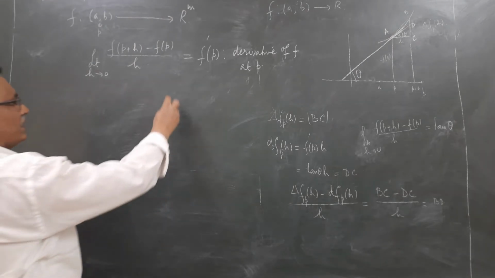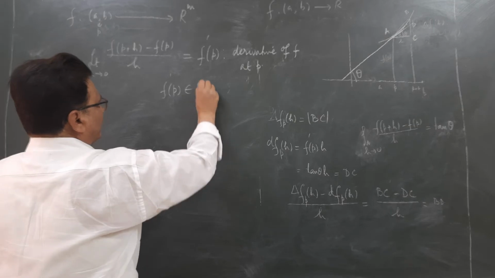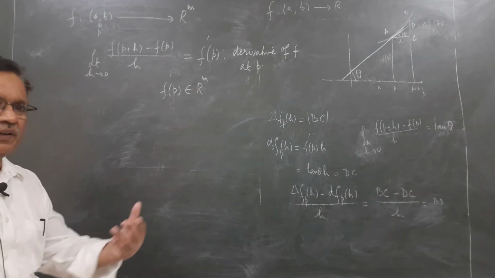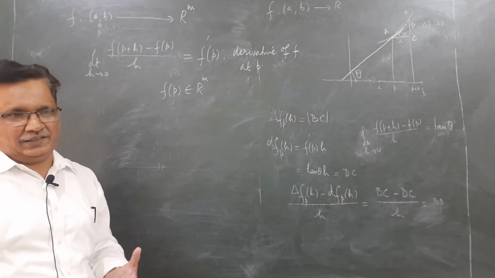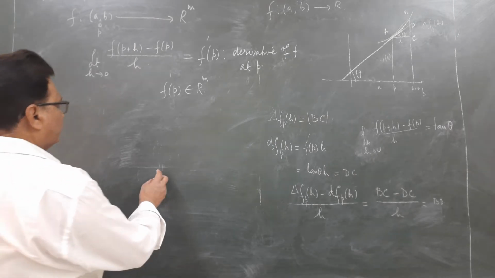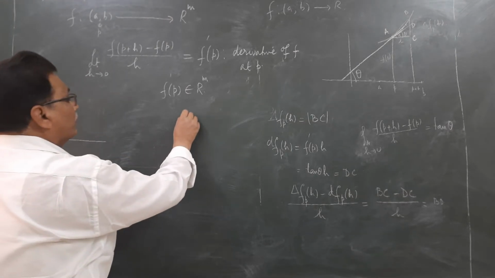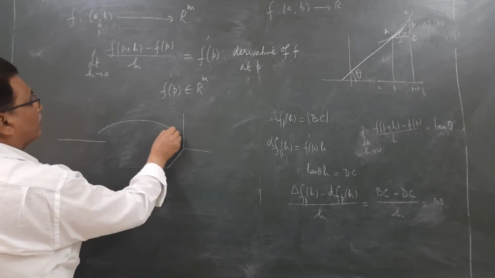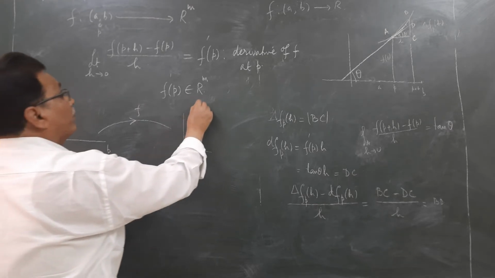Now the only difference is that f dash p, if it exists, will be a vector in Rm. So the derivative of a function from an open interval into Rm is no more a scalar, it is a vector quantity. You can see what this vector quantity is. What is the graph of the function from interval AB into Rm? Suppose this is the space Rm, and you have a function f from this interval AB into Rm.